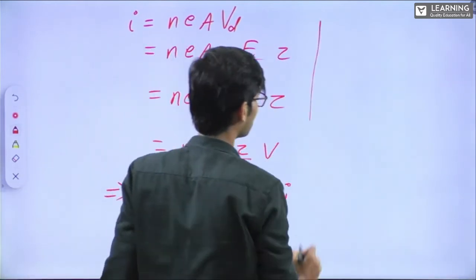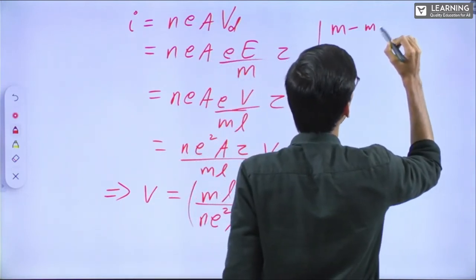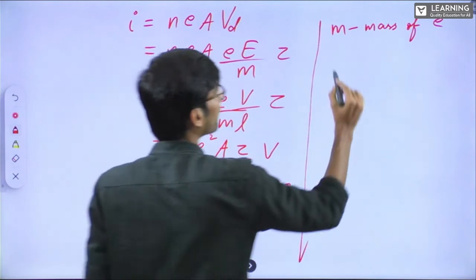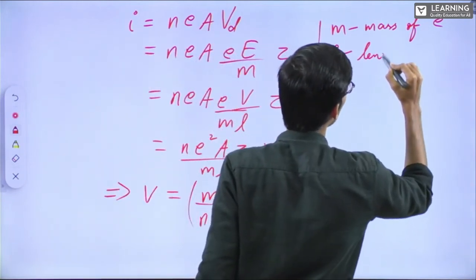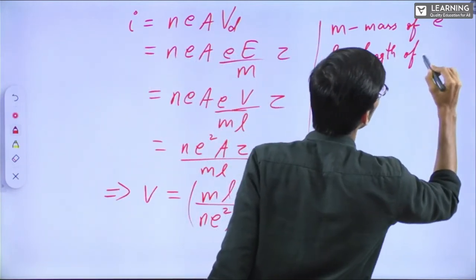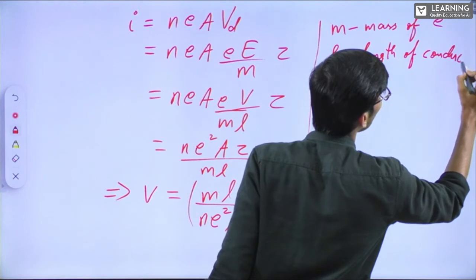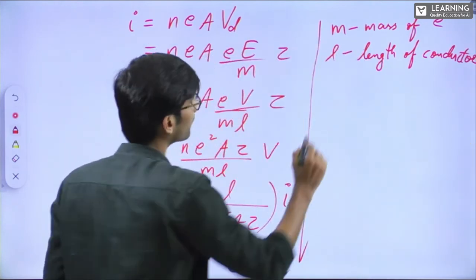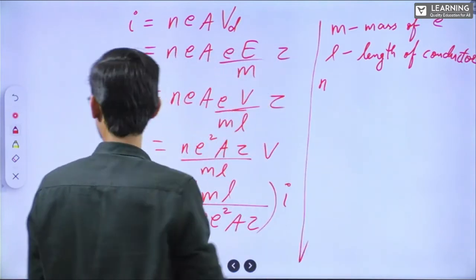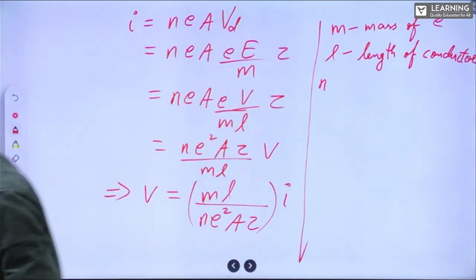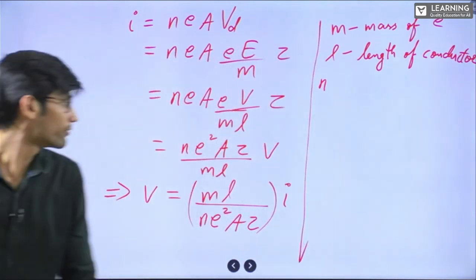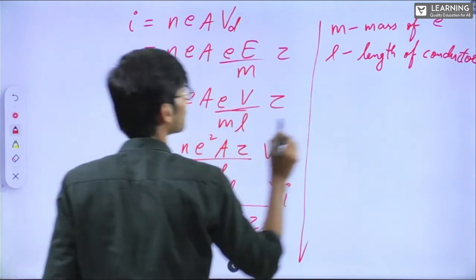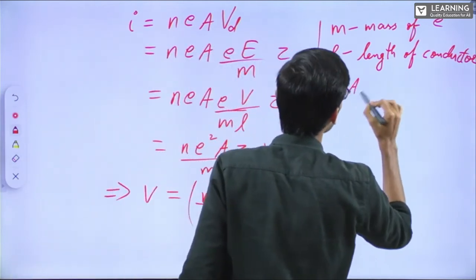M. What is m? Mass of electron. What is L? Length of conductor. What is N? Before N, let me tell you what is A. Area of cross section.